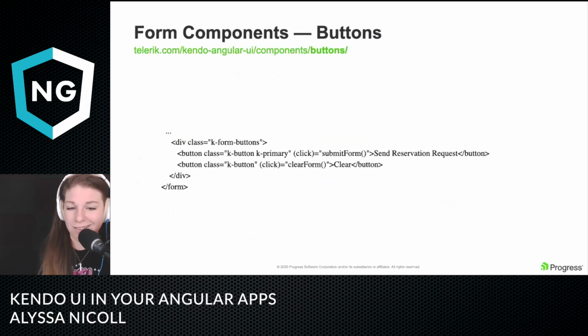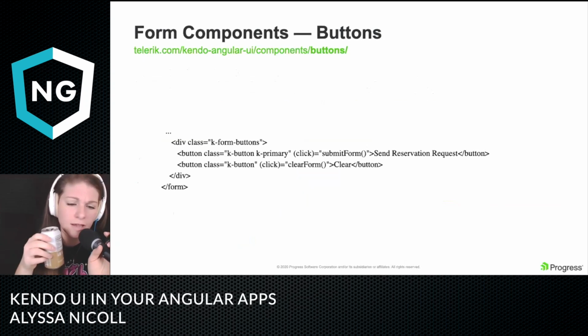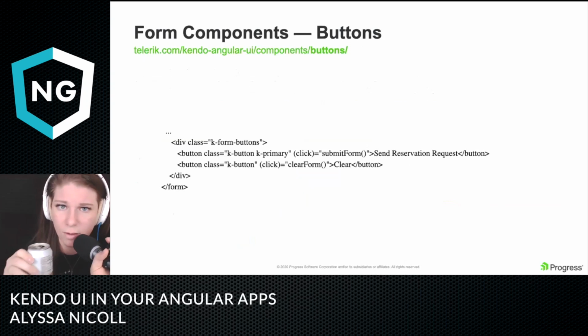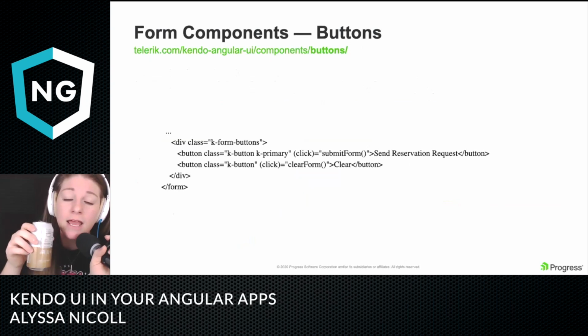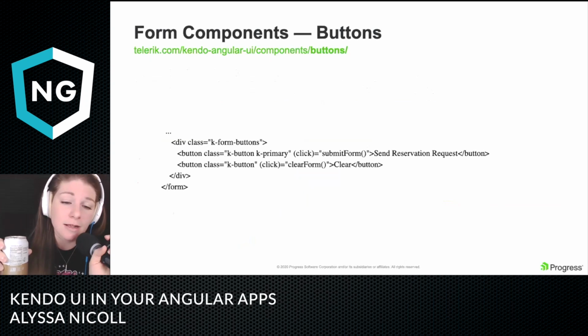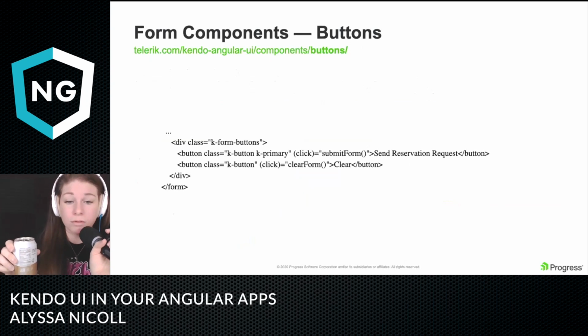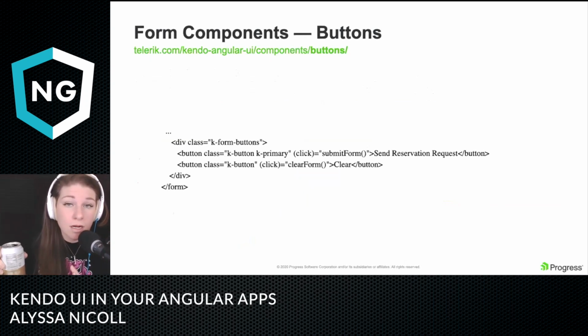Yes, the last one, the button. I was a little confused. If you go to that forms guide that we talked about, and that I shared the link, and I can grab that link for you if you're sweating it. But if you go to the forms guide, you will see that some of the examples don't import the buttons module. There is no buttons module.